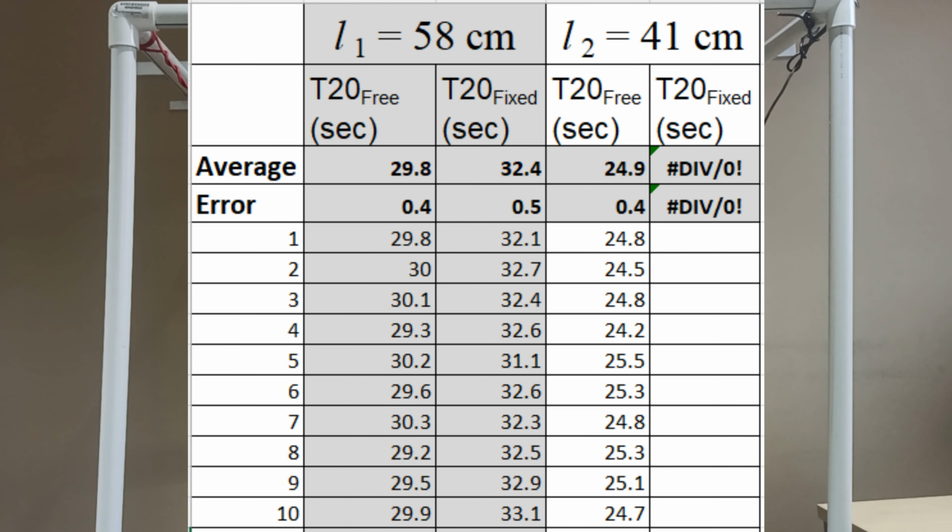We see that the average turns out to be 24.9 seconds with an error of 0.4 seconds. We see that for the free case, the time period has decreased for this reduced pendulum.